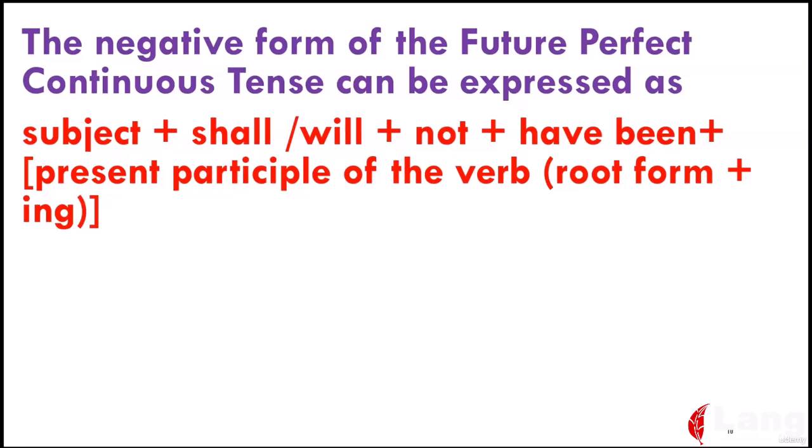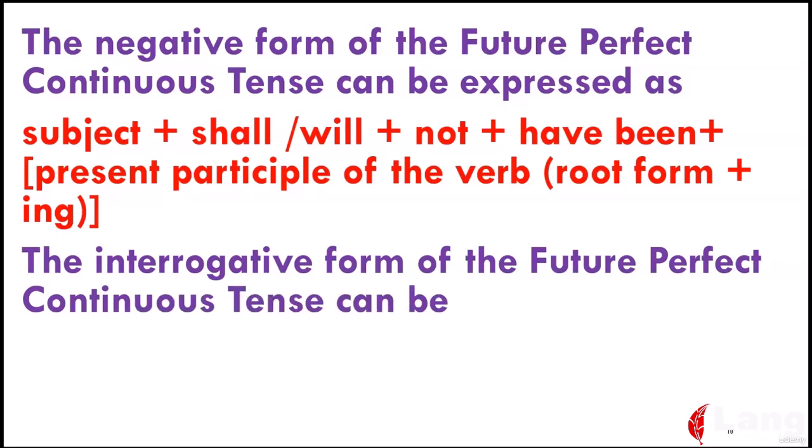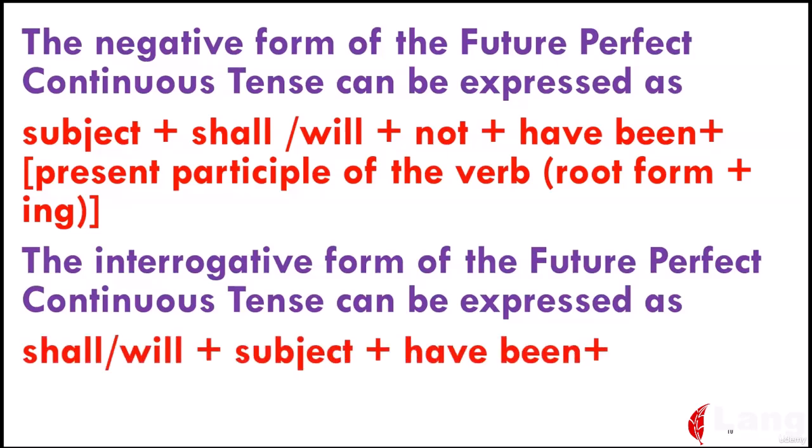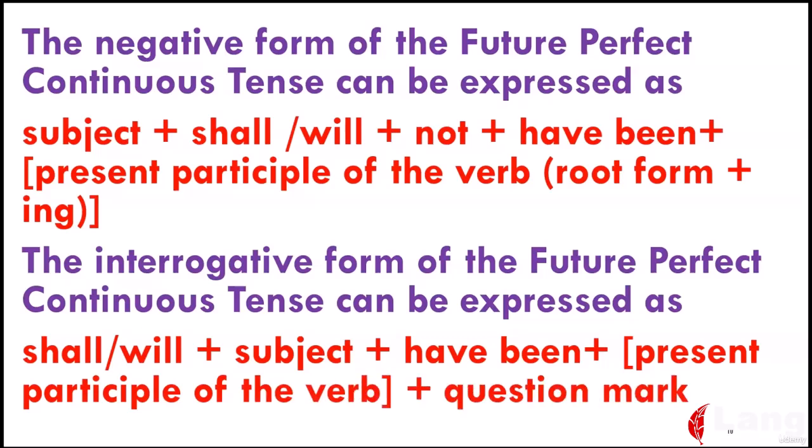As discussed earlier, the present participle of the verb is the root form of the verb plus ing. The interrogative form can be expressed as shall or will plus subject plus have been plus present participle of the verb plus question mark.